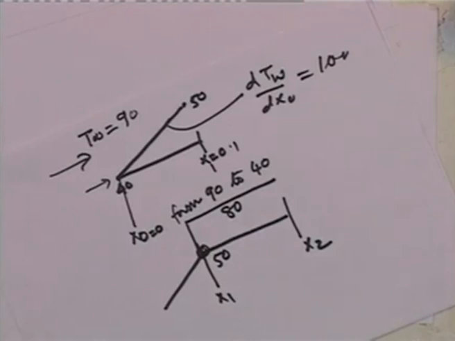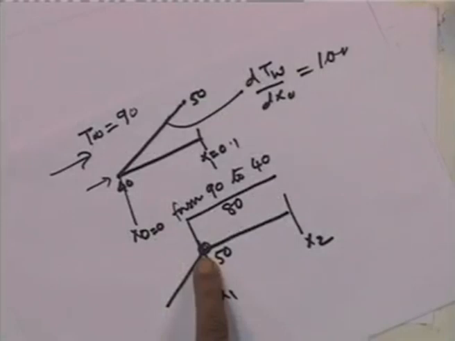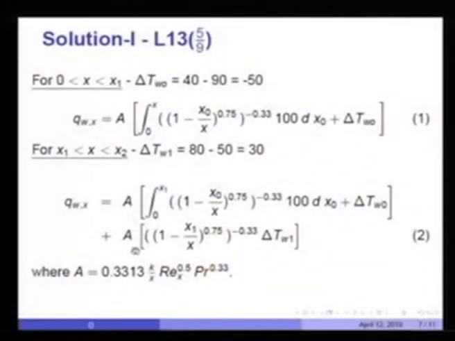The temperature has increased from 50 to 80, and in this region, of course, the effect of the previous solution would survive. A into 0 to x1 part, that is the first part, would still be the solution at x1, plus now the solution, sorry, there should be a plus sign here, plus delta Tw1 and plus A2.